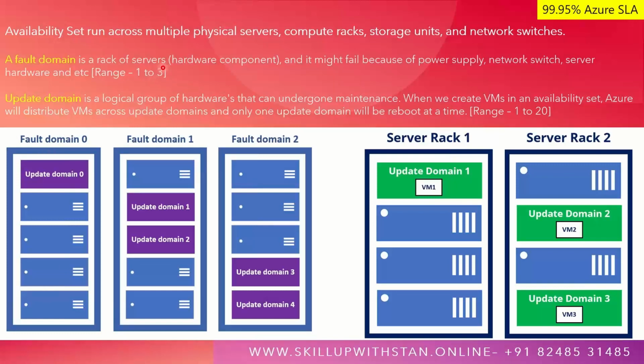If you select 3 fault domains, your servers will be placed across 3 different physical racks. If you select multiple update domains, your virtual machines will be placed on different physical servers on different racks. You can have a maximum of 20 update domains and a maximum of 3 fault domains.